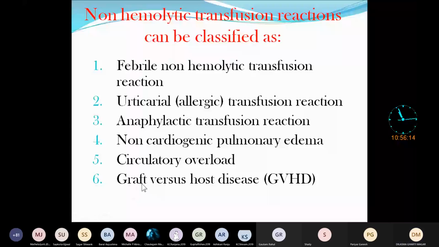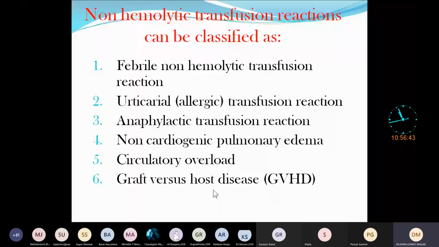And then under non-hemolytic transfusion reaction, there can also be graft versus host disease. For graft versus host disease you just have to know the name, but still I'm explaining it to you. If a kid is having blood loss, or children require blood transfusion, the parents are always ready to give blood, isn't it?